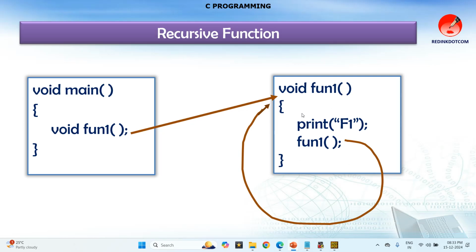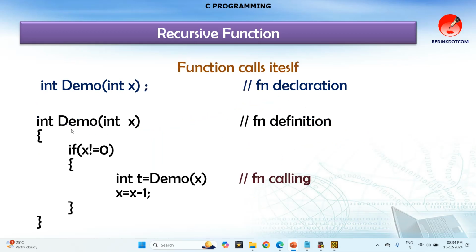So when we write a recursive function, we should stop the flow of execution at a particular point using a programming mechanism. So in this example, the demo function calls itself, but at a particular condition, it exits from the execution flow. A function calling itself is called a recursive function. It should be called under a particular condition only.